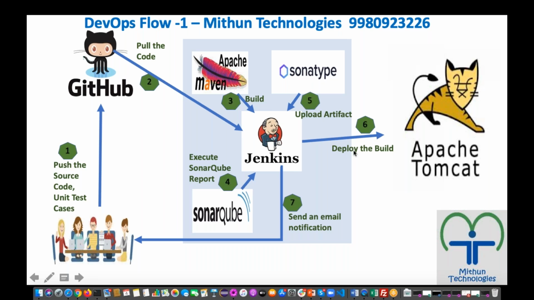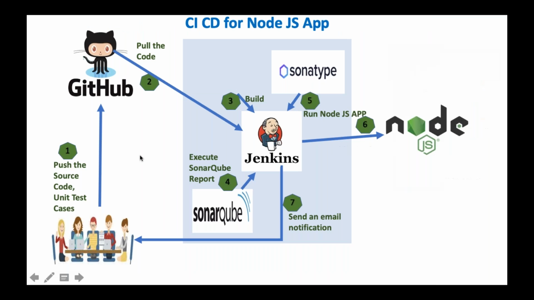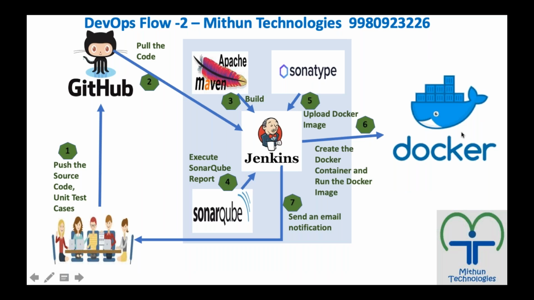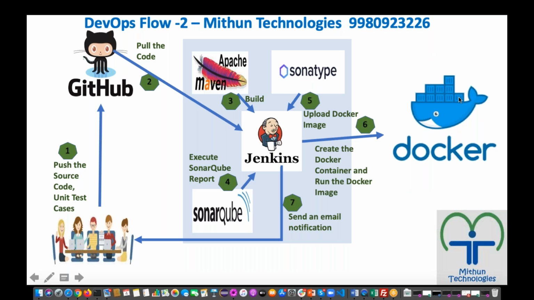This Tomcat runtime instance and code, everything is going to be created as one package. That is called a Docker image. So that we are going to discuss here.